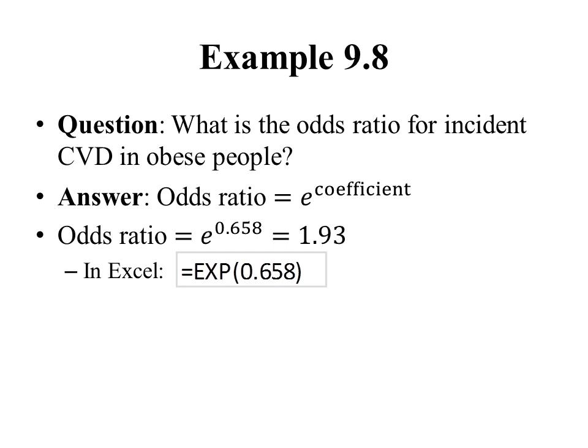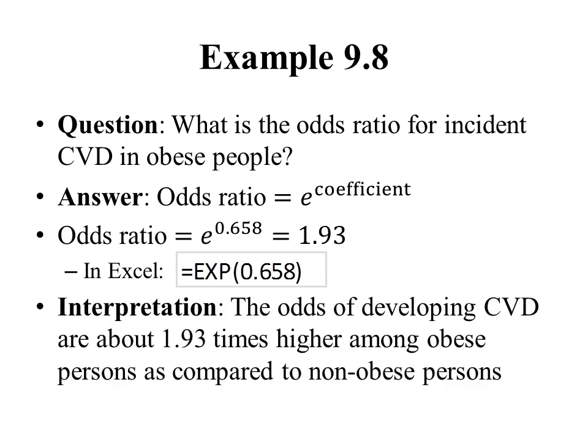Now, this calculation you can do on a calculator very easily, or you can do it in Excel using this code right here. If you type EXP, that stands for exponential, and then in parentheses put the value of the exponent, you hit enter, and you'll get 1.93. Okay.